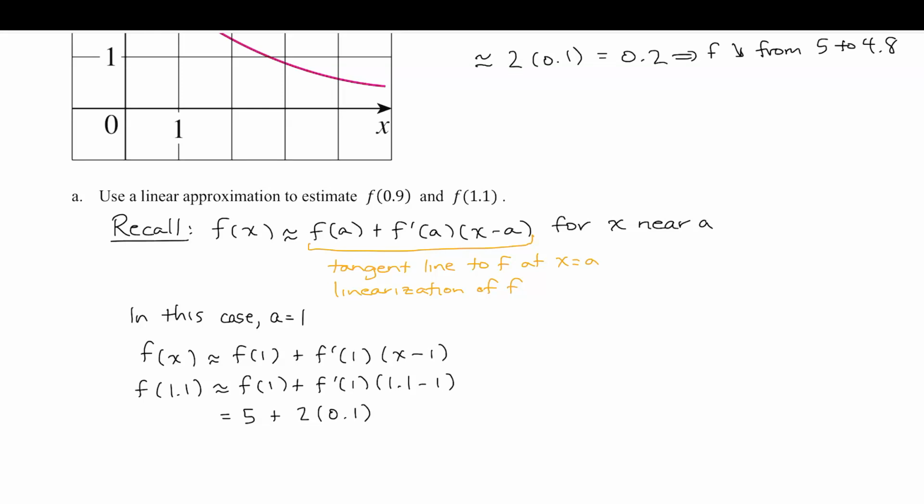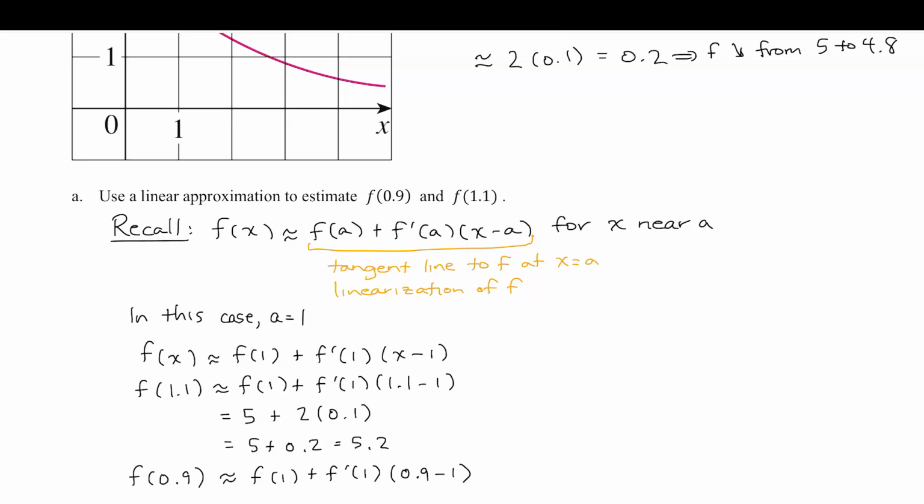So what does that mean? f of 1 we're told is 5, and then we're going to take the derivative value of 2, but we're going to prorate it. Instead of x increasing by 1, x is only going up by a tenth. So my y value of 5 is going to increase by a tenth of 2. That is 5 plus 0.2, or 5.2.